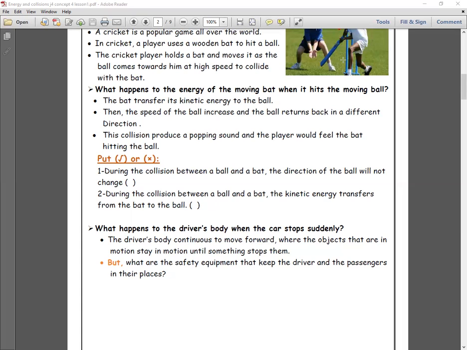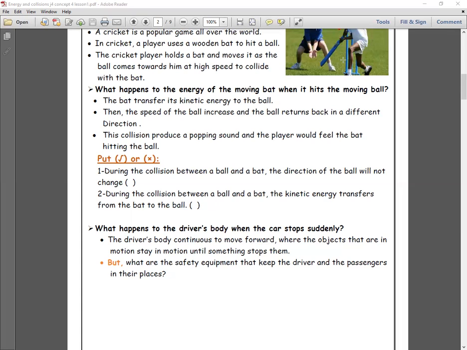So can we say that our speed is zero because we feel that we don't move? No, our speed has the same value as the transportation we are inside. Okay. What is the evidence of this speed?